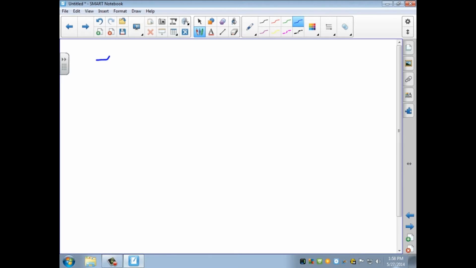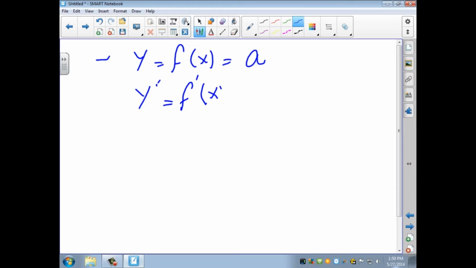The first rule says if y is a function of x and that is equal to a constant, let's say a is equal to a constant, then y prime, where prime means derivative, which is the same as showing it as f prime, would be equal to 0.